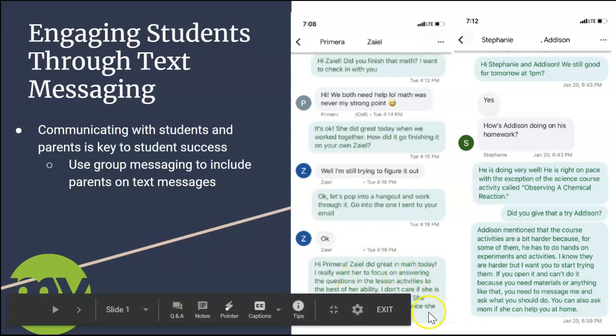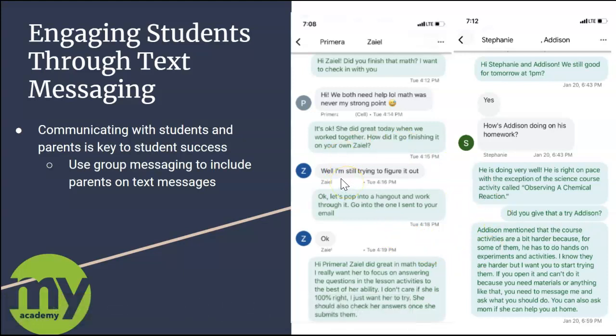I just want her to focus on working through those problems. And here I gave the parent a suggestion for completing the hands-on activities in his science class and how she could help him with that. So again, engaging parents and having them be part of the process of learning at home is really, really important for our minor students.